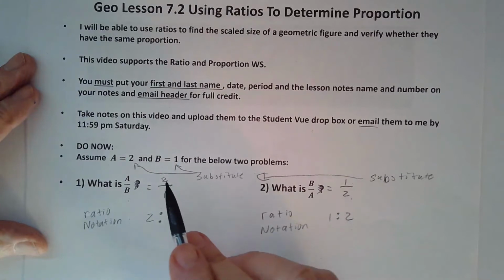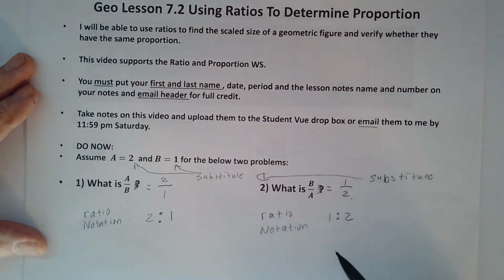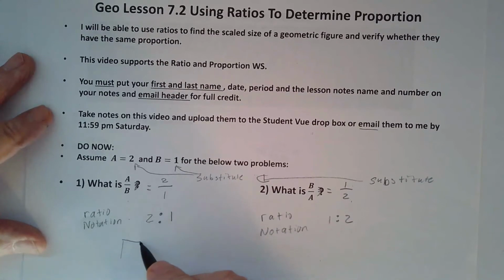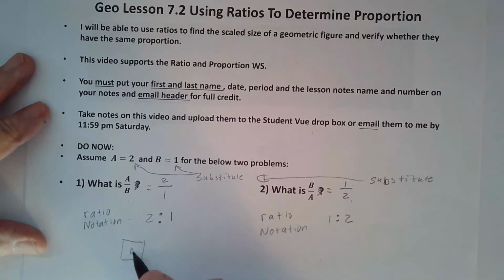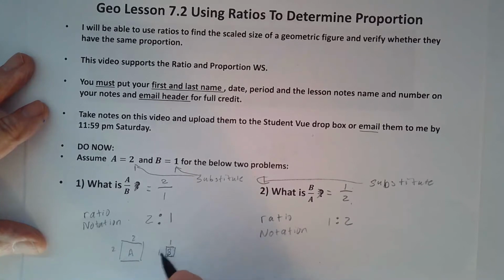Now, A is A and B is B, and you've got a 2 and a 1 in each one of these ratios, but they will mean very different things. So if you've got something where the ratio is 2 to 1, let's just say A here is a square, and its sides are 2 and 2, and B is a square, and its sides are 1 and 1.